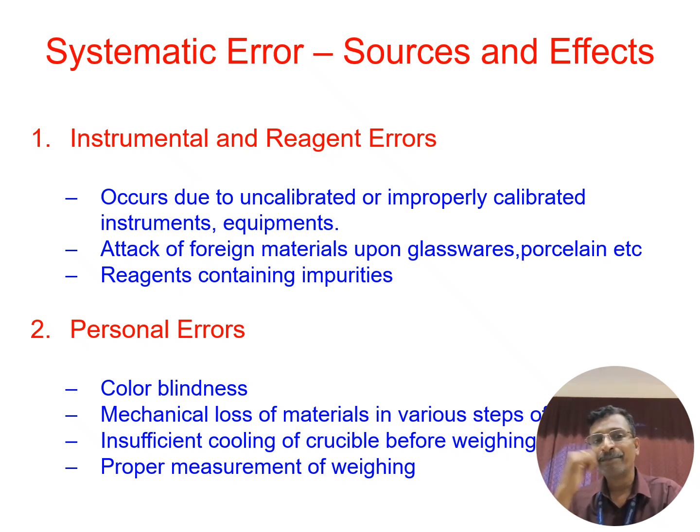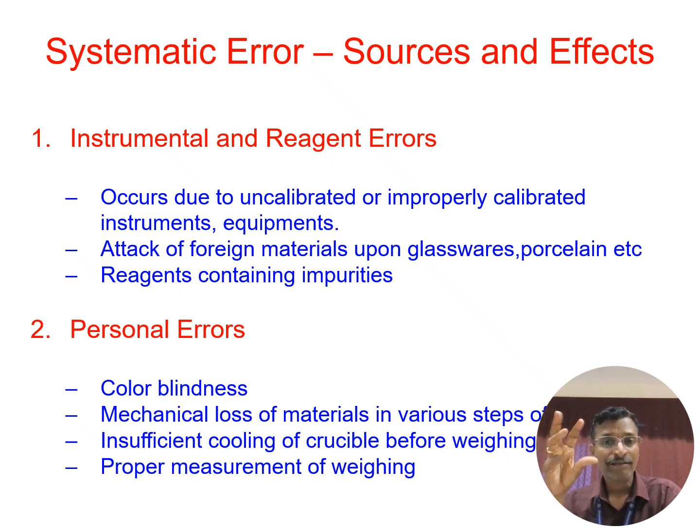The next one is personal error. That means most of the time it relates to color blindness. Say for example, in volumetric titration, especially acid-base titration, you have to find the appearance or disappearance of pink color. Sometimes for complexometric titration, you have to find the steel blue color, wine red color, reddish brown precipitate.